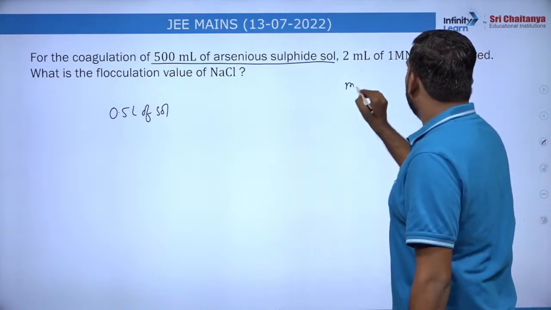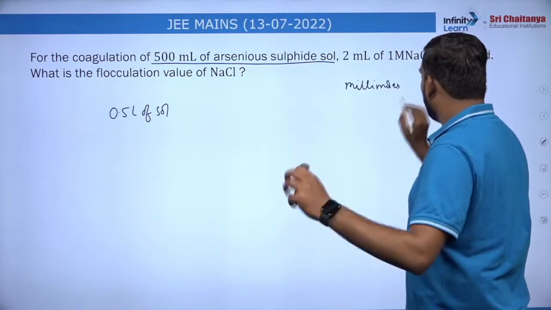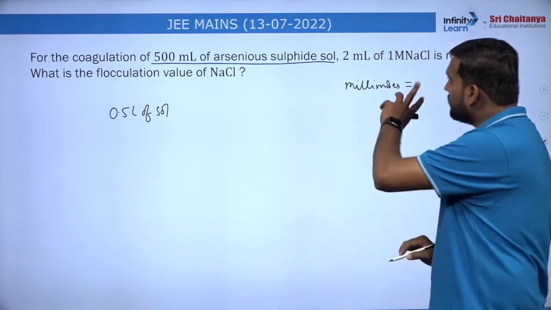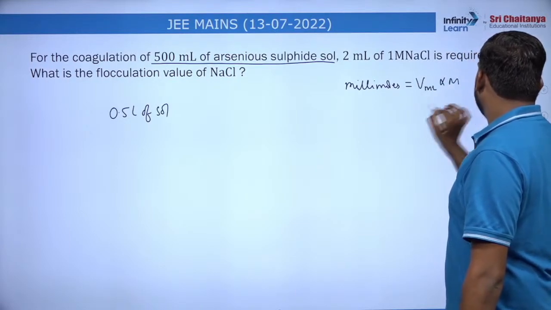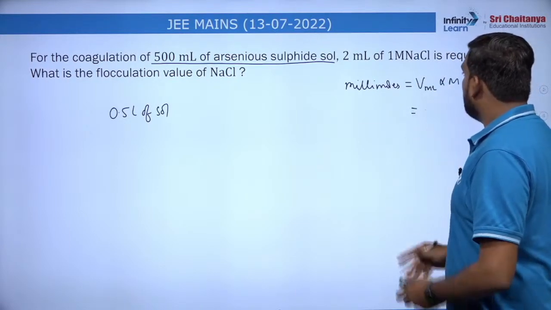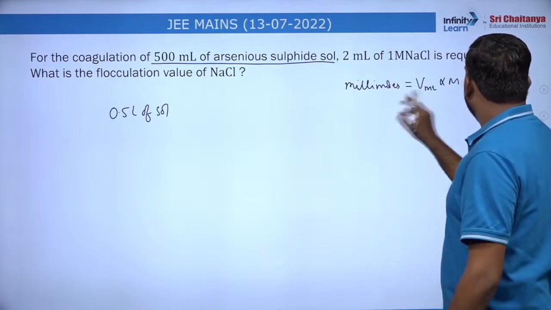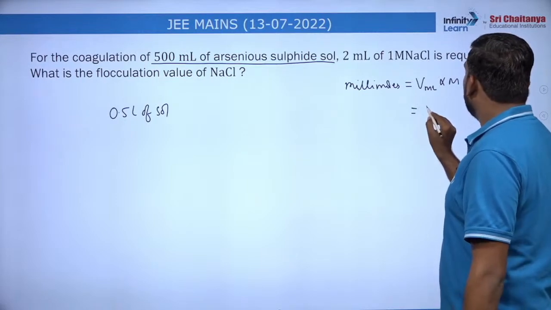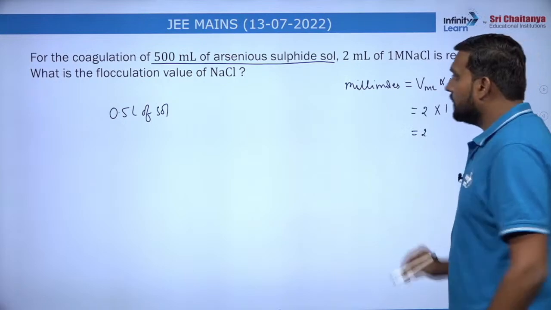Why I am finding out the millimoles, I will let you know, don't worry about it. Millimoles will be equal to volume in ml into molarity. Is this correct? Yes, it is correct. So it will be 2 into 1, which equals 2 millimole.